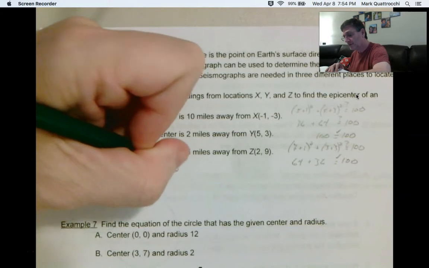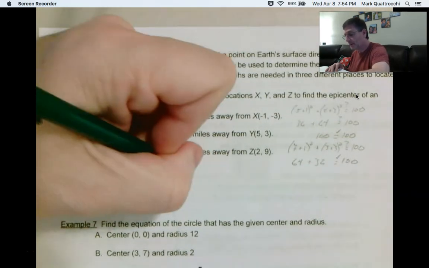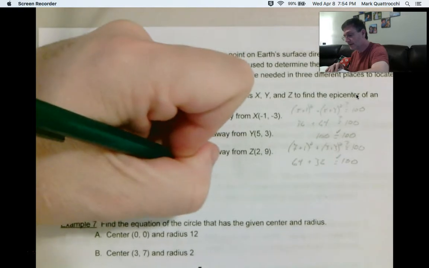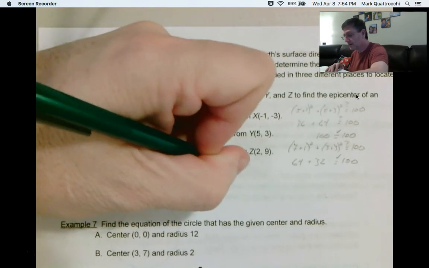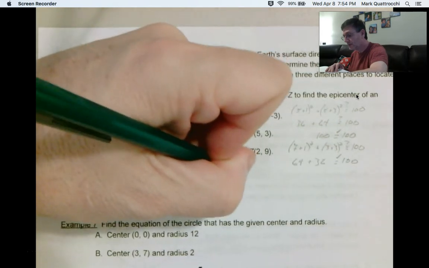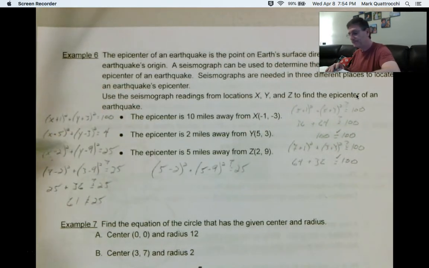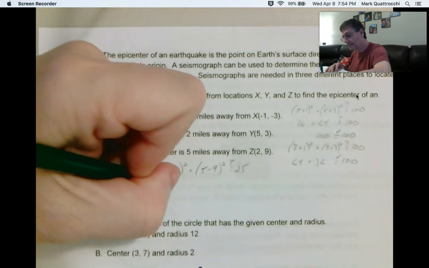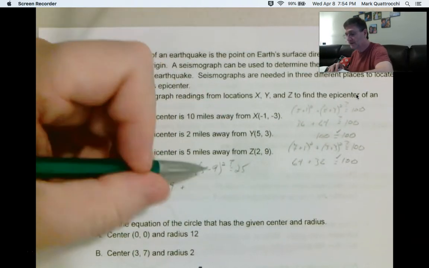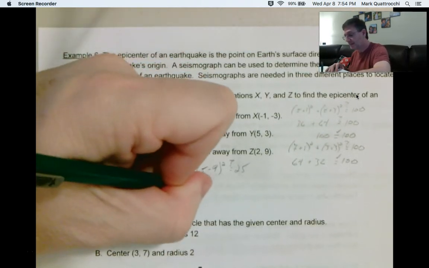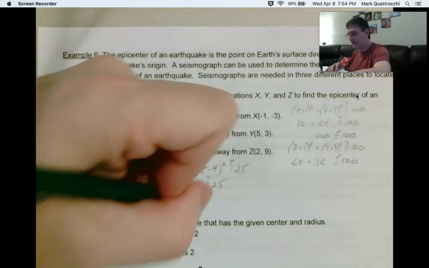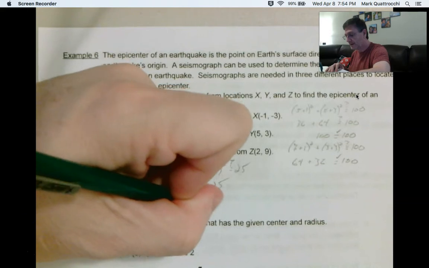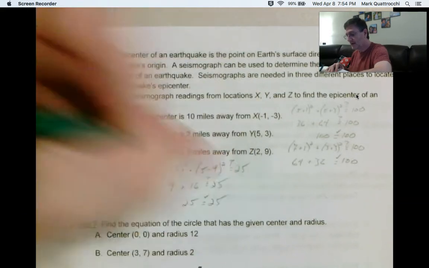5 minus 2 squared plus 5 minus 9 squared equals, question mark, 25. 3 squared is 9, plus 4 squared is 16, equals, question mark, 25. 25 does equal 25, check.